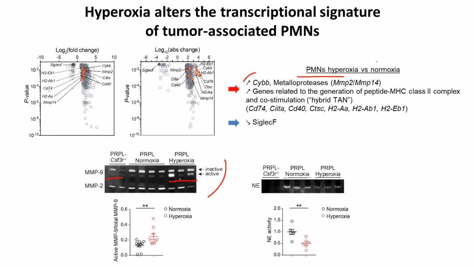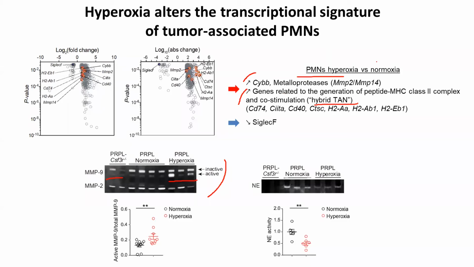We also found an increase of genes related to the generation of a peptide MHC class II complex and co-stimulation, this bona fide hybrid TAN. Importantly, a previous study has shown that in hypoxic culture of tissue, this hybrid TAN generation was prevented by tumor hypoxia.